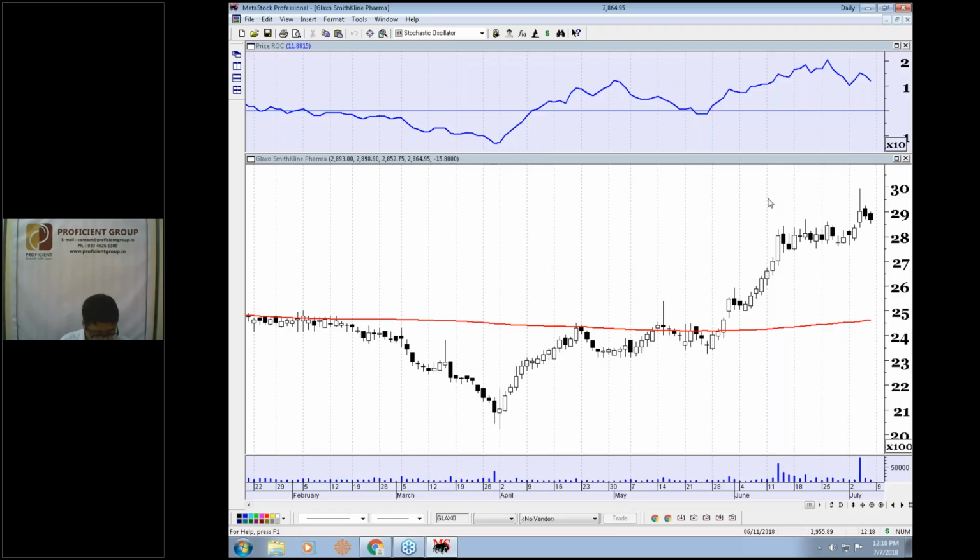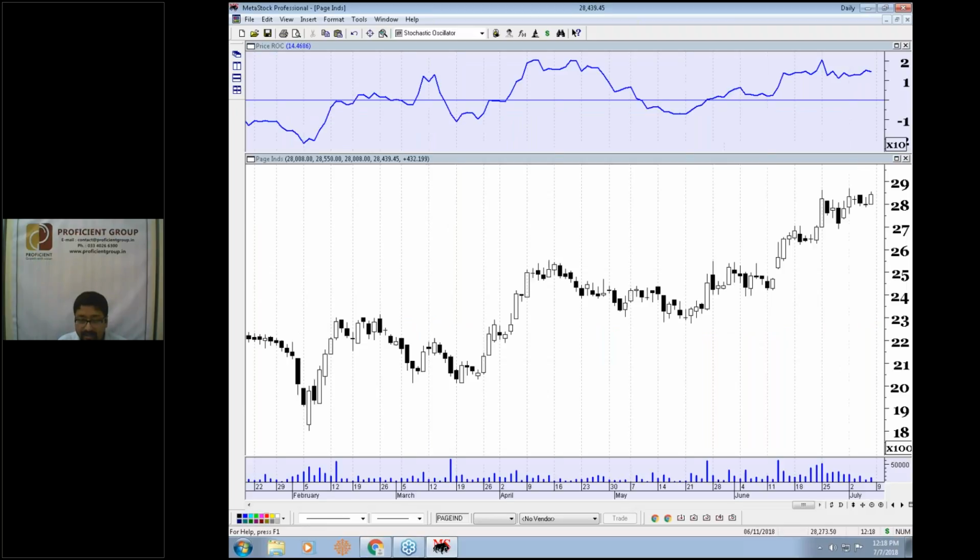And one old horse is Page Industries. This stock is actually amazing all of us. The stock is pretty high priced, but I'm not looking at the price. I'm just looking at the chart pattern. I'm just looking at the trend itself, and that is pretty strong.